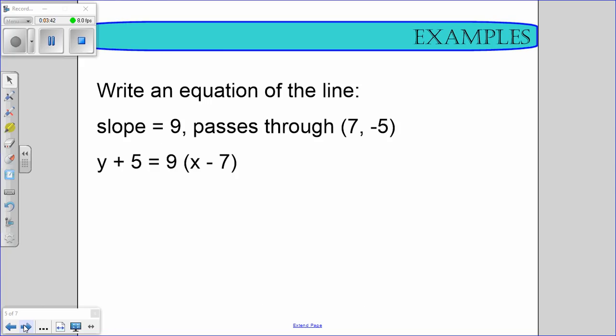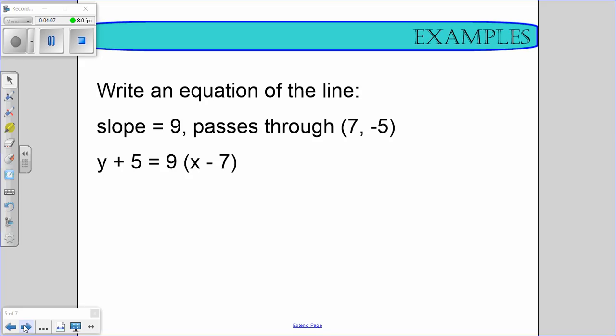So let me show you some questions that you're going to be asked and how we're going to find the answer. So it says write an equation of a line with the slope equals 9, and it passes through 7, -5. So I actually already gave you the answer in point-slope form.